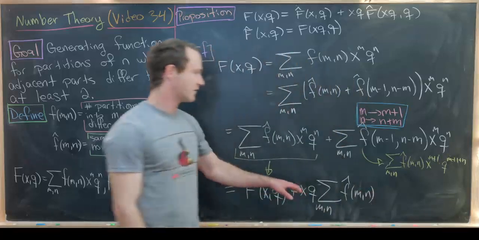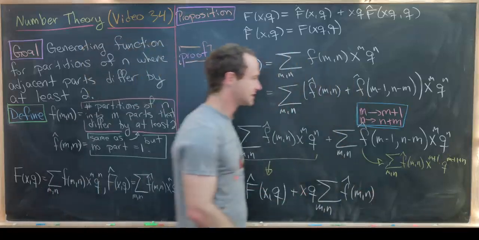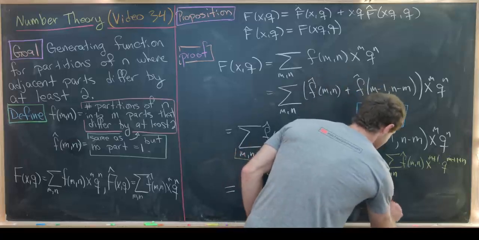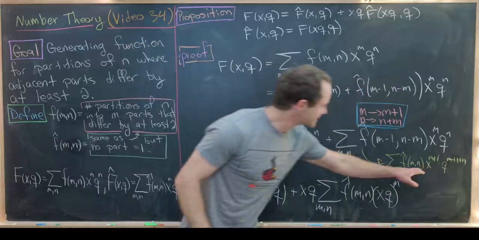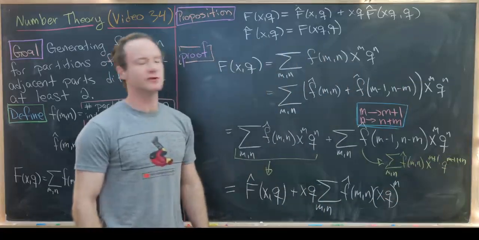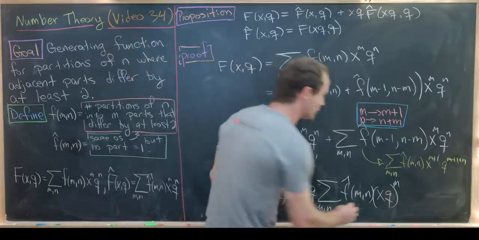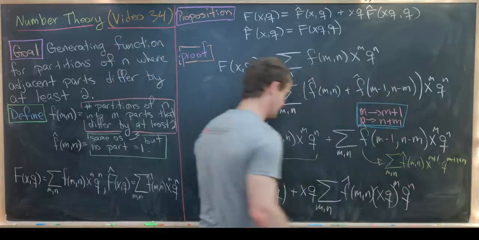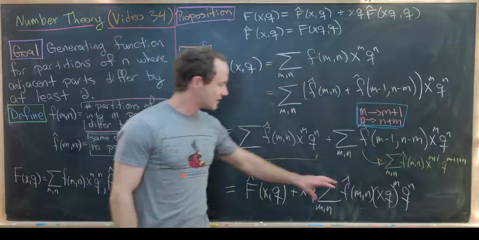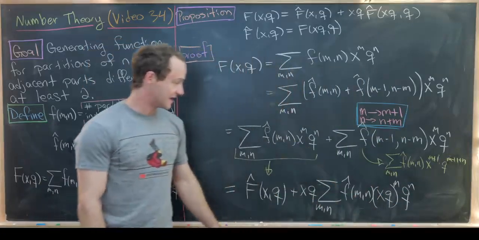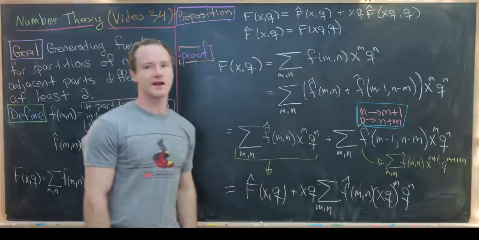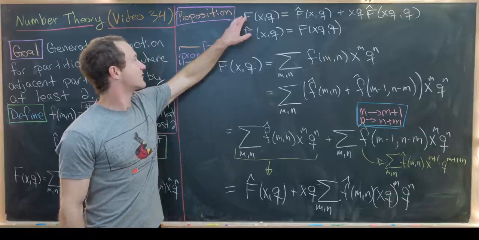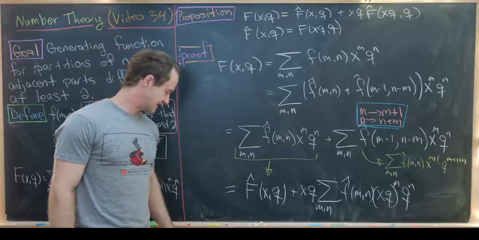And then what's left over after we factor that bit out? So we will have x times q all to the m power. I've put those together just because that's what's being clued into us over there. And then we will have q to the n power. But let's notice that if we were to rewrite this using our f hat generating function, it would be exactly this term right here. So that means we have proven this first identity.